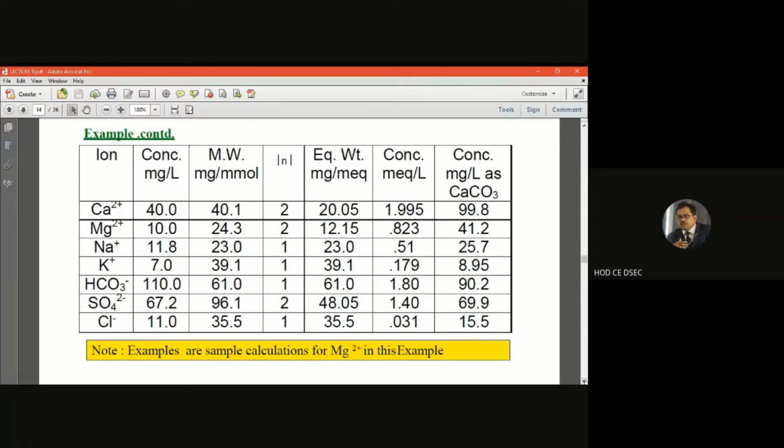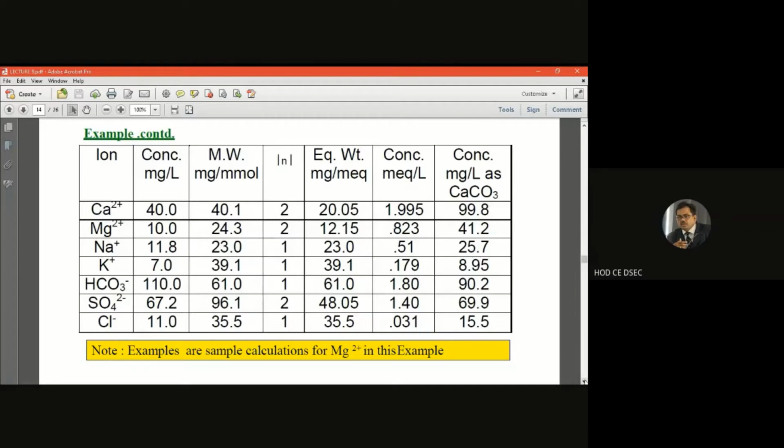That means the concentration of calcium in milligram per liter, if I want to express in milligram per liter as CaCO3, what I have to do? I have to do 40 into the equivalent weight of calcium carbonate, that is 50, divided by the equivalent weight of calcium, that is 20.05.